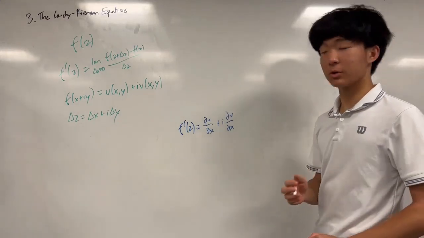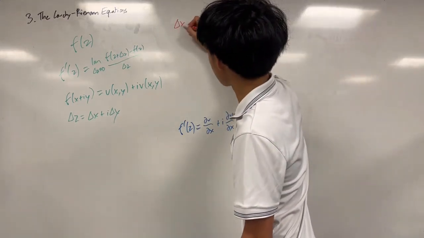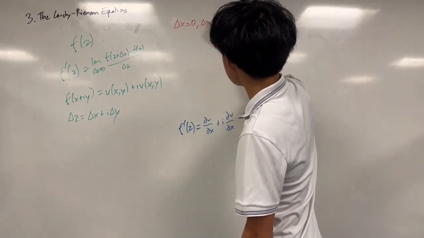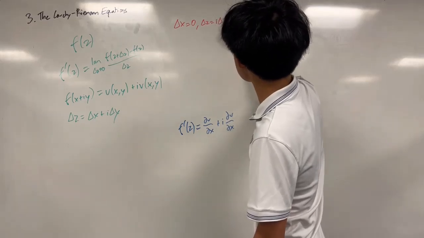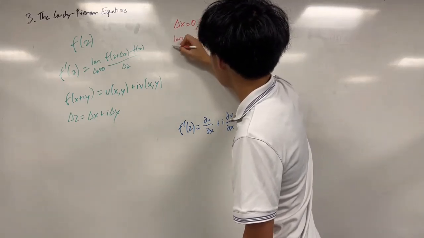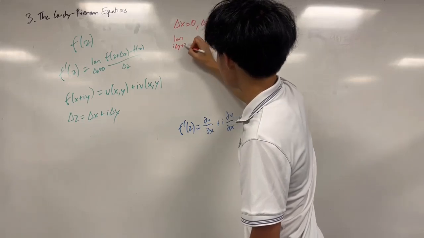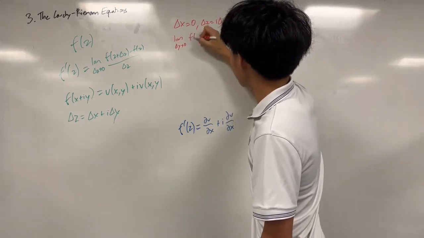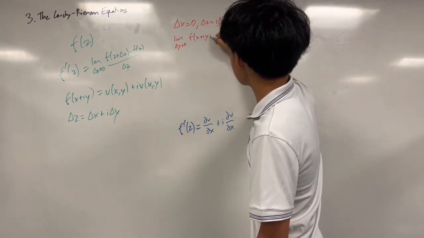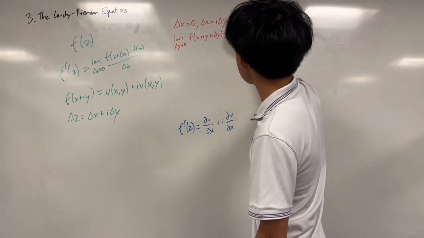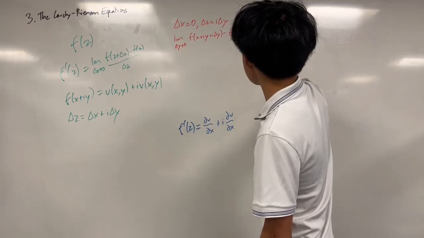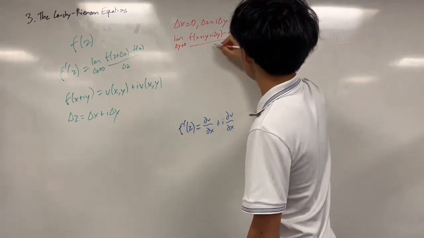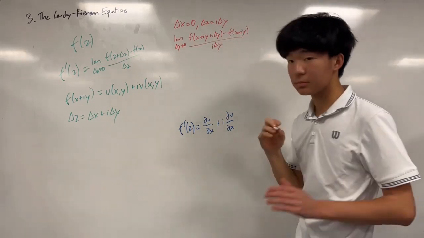Okay, so from the vertical direction, delta x equals 0, and therefore delta z is just i delta y. Once again, we write the limit as i delta y tends to 0, which is just as delta y tends to 0, of f of x plus iy plus i delta y minus f of x plus iy over i delta y.